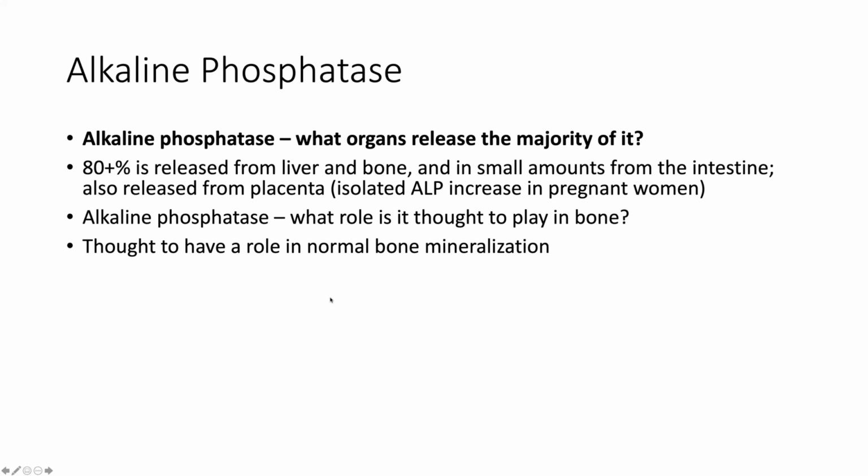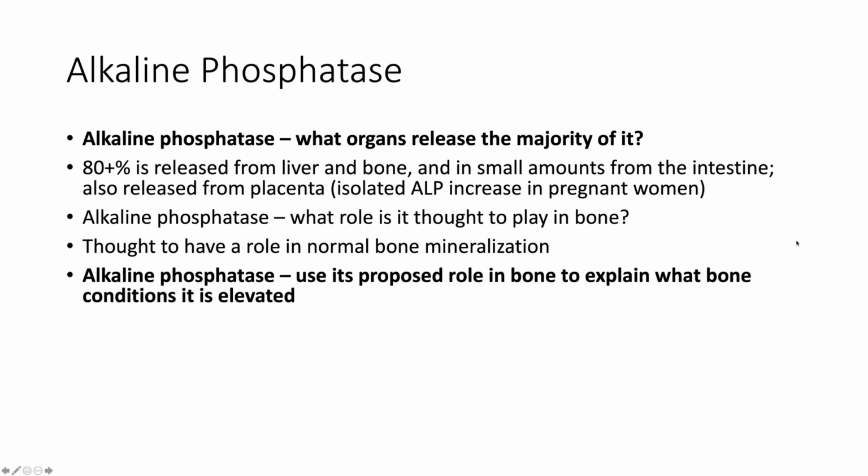So it destroys an inhibitor of bone formation. So it's a double negative, right? It inhibits the inhibitor, so it causes bone mineralization. Thought to be. The funny thing is that no one actually knows what alkaline phosphatase is used for. I spent a lot of time looking, but everywhere I looked, they said, we don't actually know what most of these alkaline phosphatases are doing.